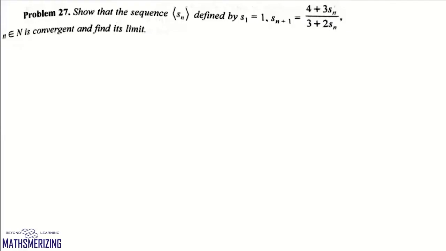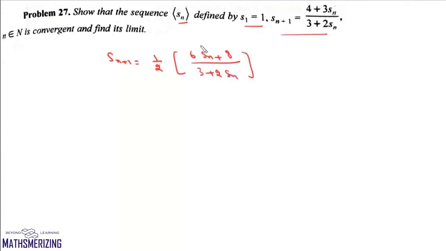Now here the question is, show that the sequence Sn defined by S1 equals 1 and Sn plus 1 equals (4 plus 3 Sn) upon (3 plus 2 Sn) is convergent and find its limit. Now what we'll do is, we'll write this Sn plus 1 as 1 by 2 and then (6 Sn plus 8) upon (3 plus 2 Sn).